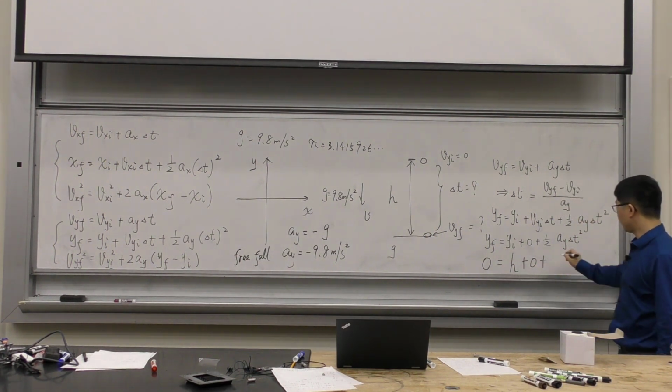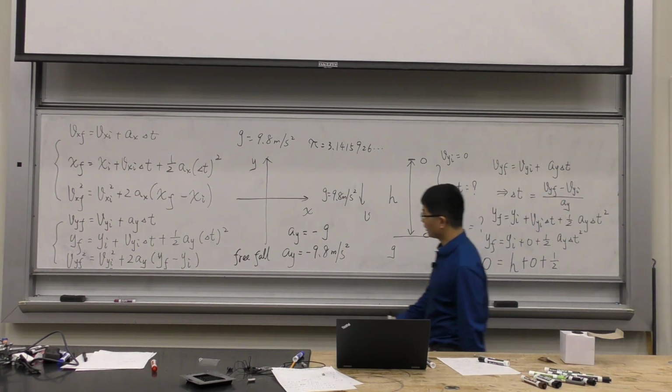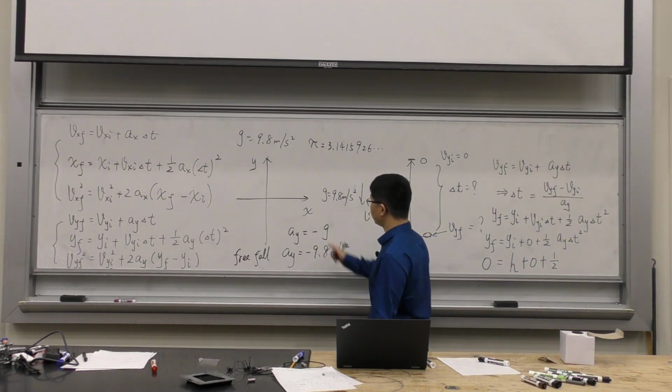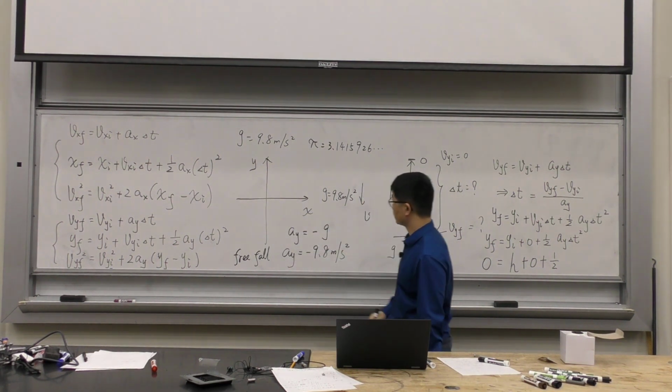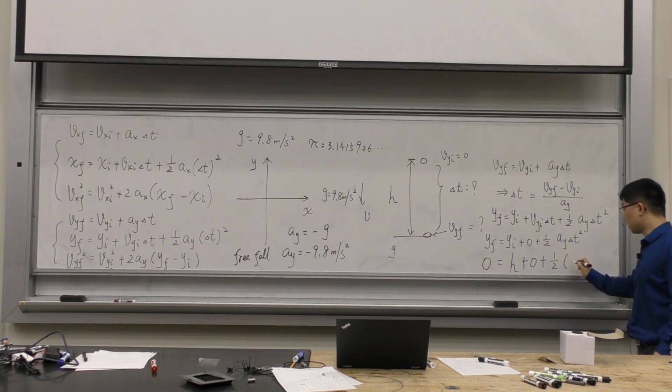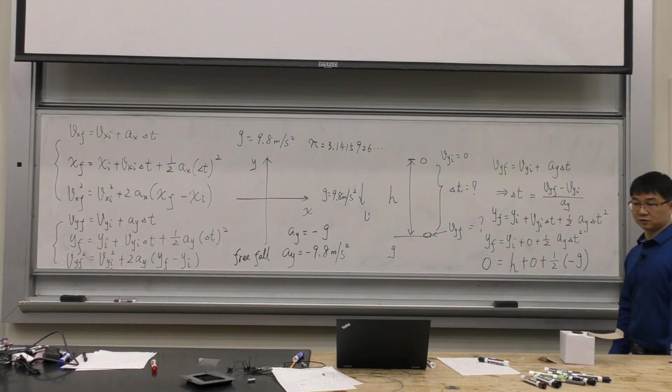Now, what is the acceleration in y direction? Okay, negative 9.8 or negative g I plug in if I still use this coordinate system, okay? Now I want a general expression, so I'm not going to plug in negative 9.8, I'm going to plug in negative g. Why? Because I assume up is positive.